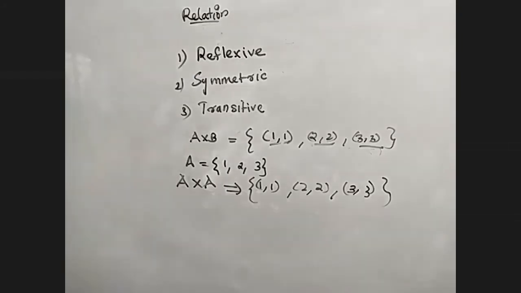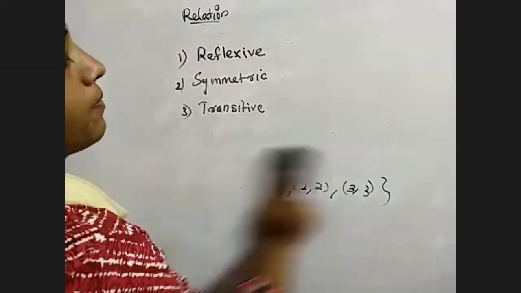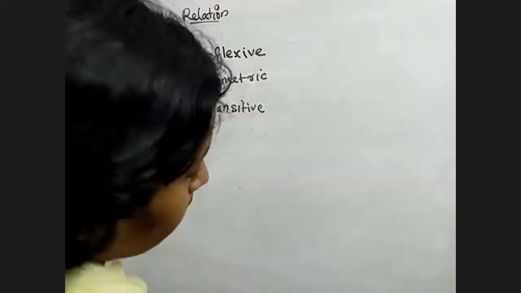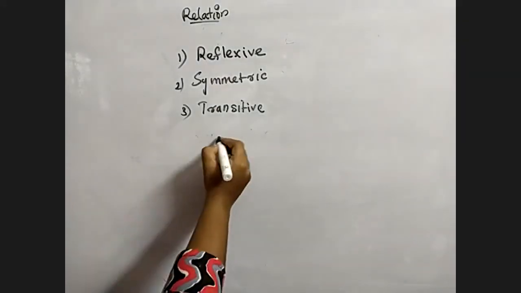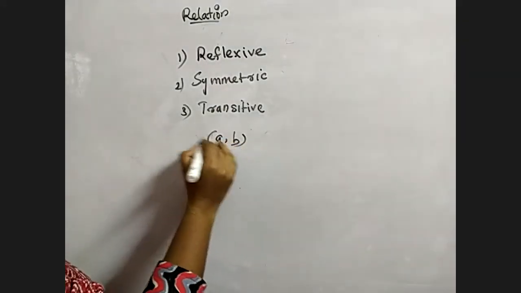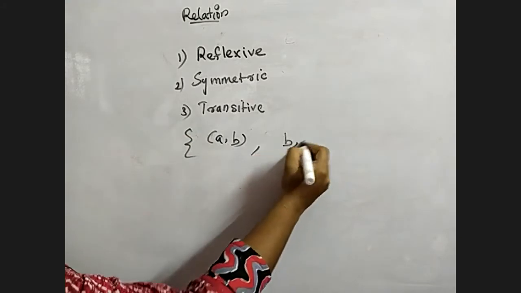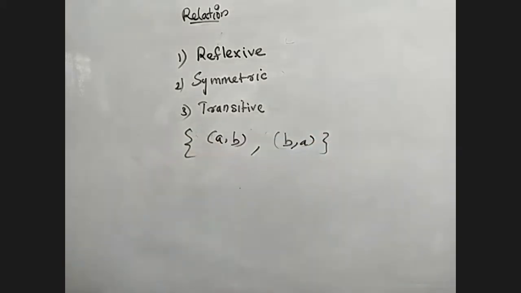Then next one is symmetric. What do you mean by symmetric relation? Symmetric relation means if (a, b) is present, then (b, a) should also be there. I can give an example: if A is sister of B, then B is also sister of A, right?